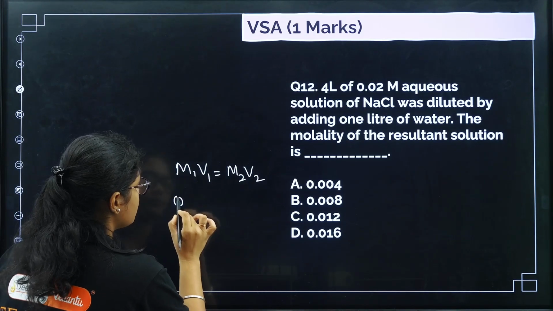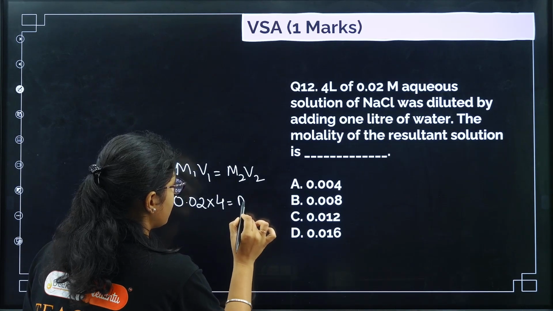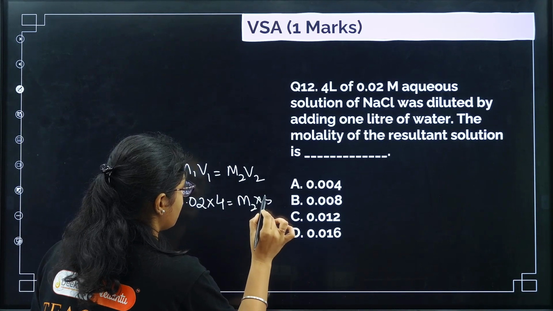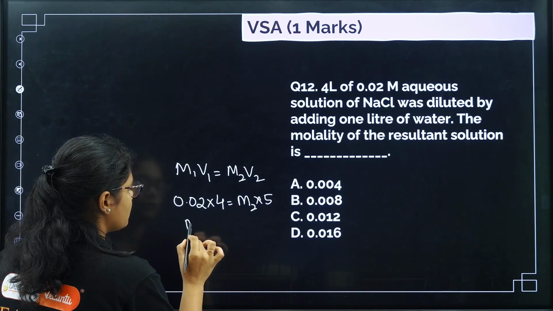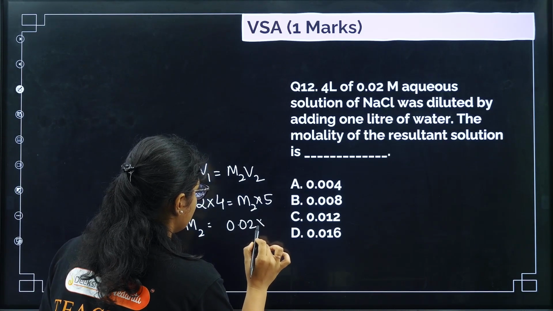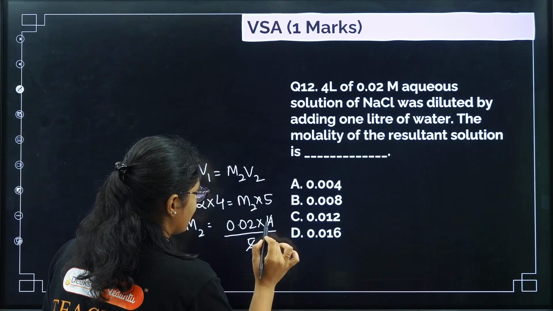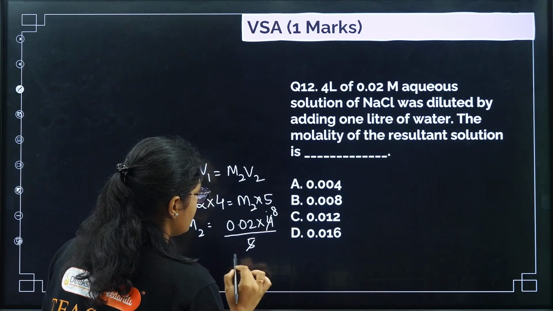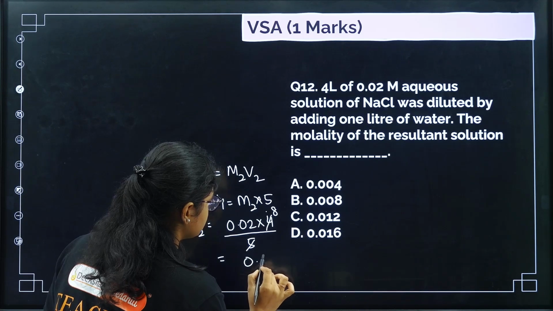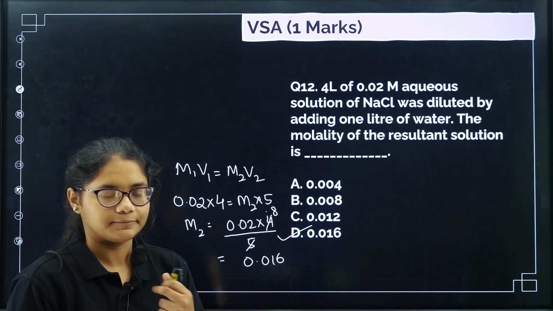So M1 is 0.02, volume is 4 liter. Now we need to find the new M2 and the volume is 5 liter, right? So if I calculate this, I'll get 0.02 into 4, by 5. So we'll get 0.08, and if you solve this, we'll get 0.016. So the correct answer is option number D here.